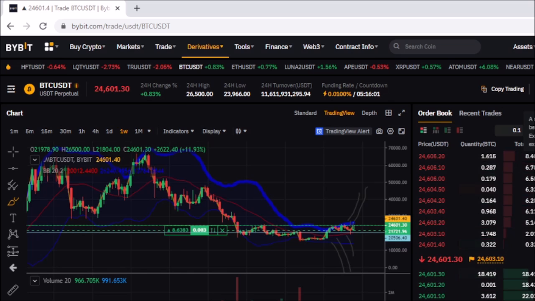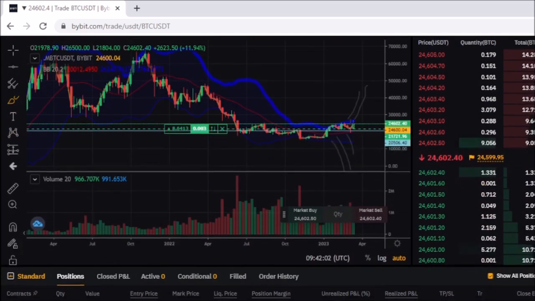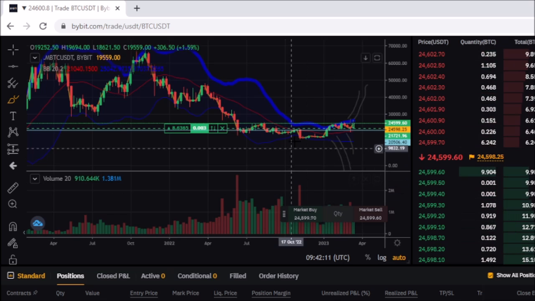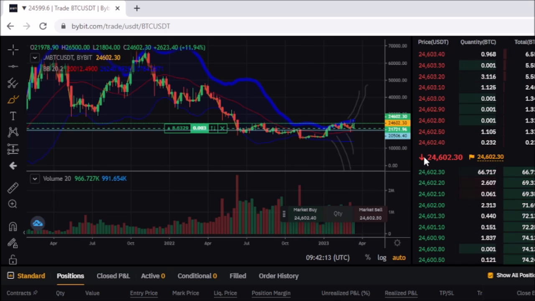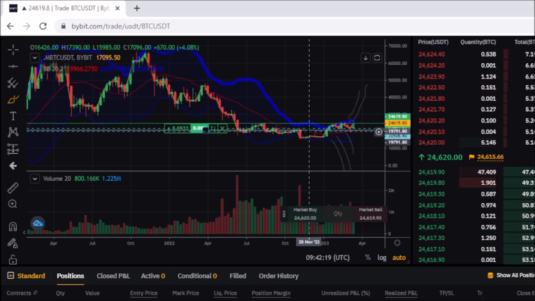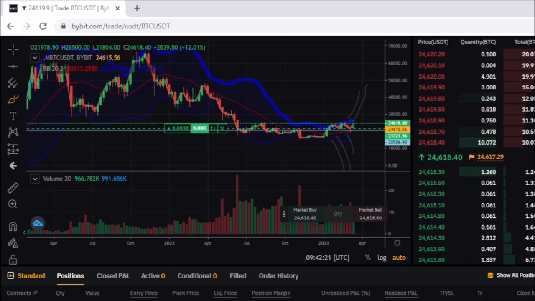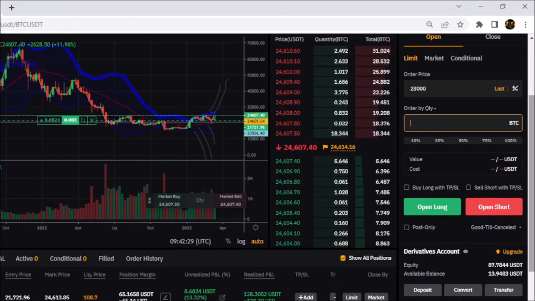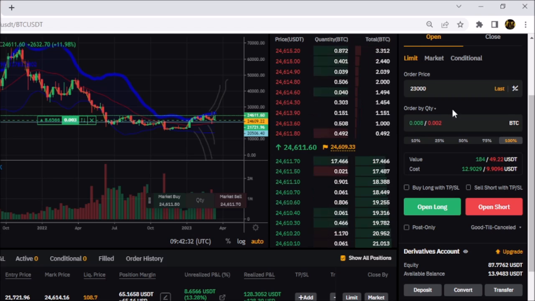So this is market, but with the limit, now I set everything for myself. First of all, I make my own order price or opening price. I can say that the price right now is at 24, but I want to enter when it reaches 23,000, and I put the amount that I want to enter with.